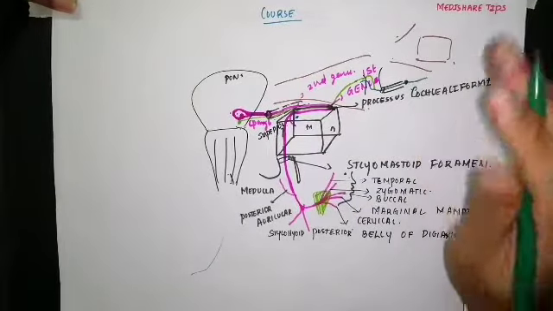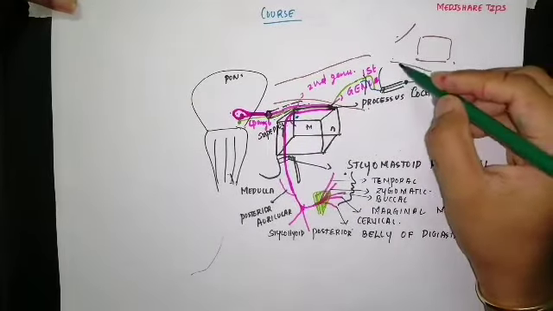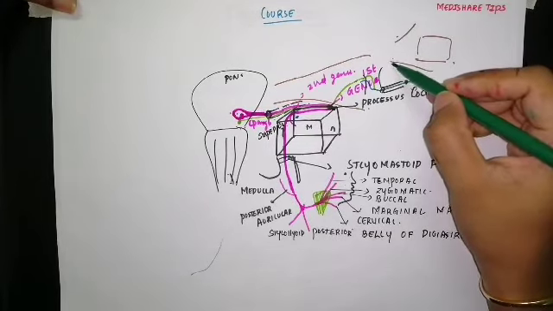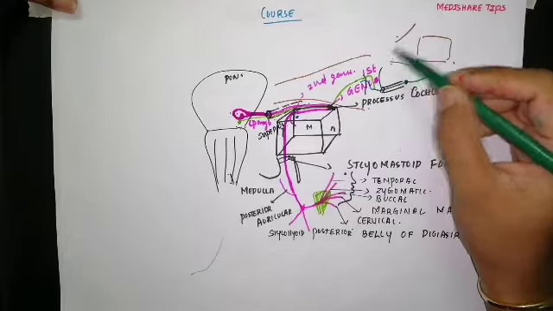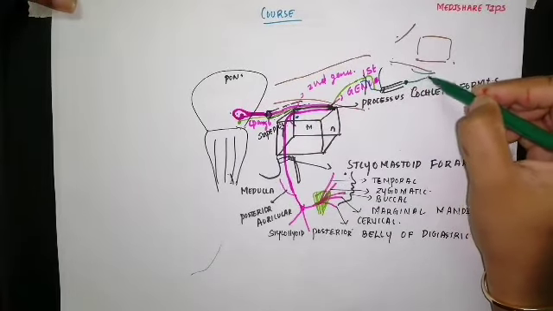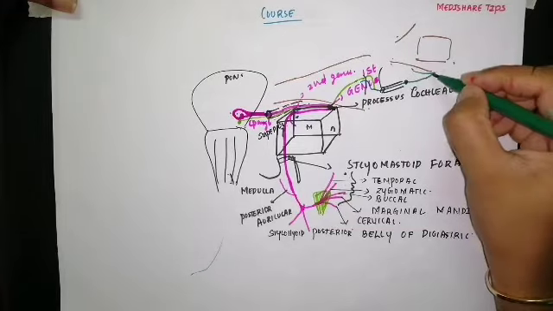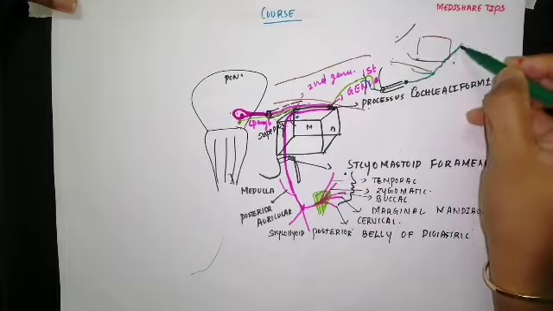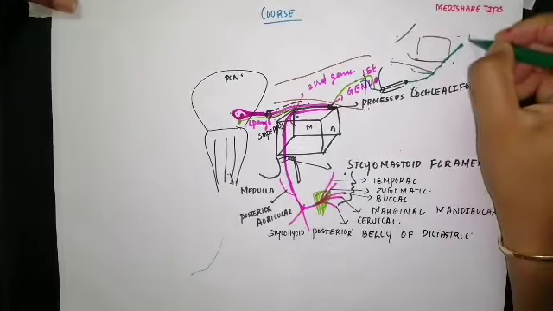So the postganglionic parasympathetic fibers then pass into the zygomatic branch of the maxillary division of the trigeminal nerve. The zygomatic branch again communicates with the lacrimal branch, and in this way it reaches the lacrimal gland.